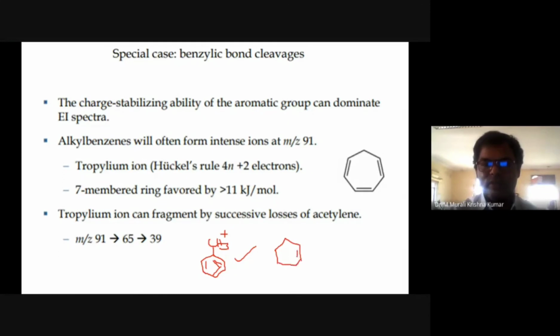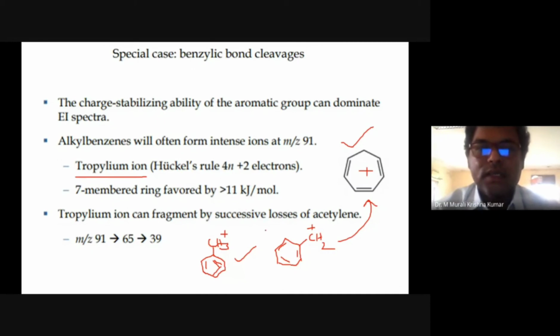Benzylic unit means when you see formation of a benzyl carbocation in a compound, then this will be rearranged to tropylium. So the tropylium carbocation is going to be formed. This is so unique that it is observed in almost all the cases where we have a benzylic radical being formed. So this is also the charge stabilizing ability of the aromatic group, which can dominate the electron impact spectrum.